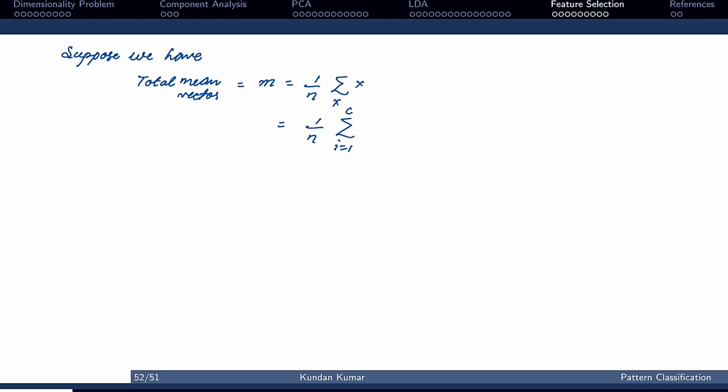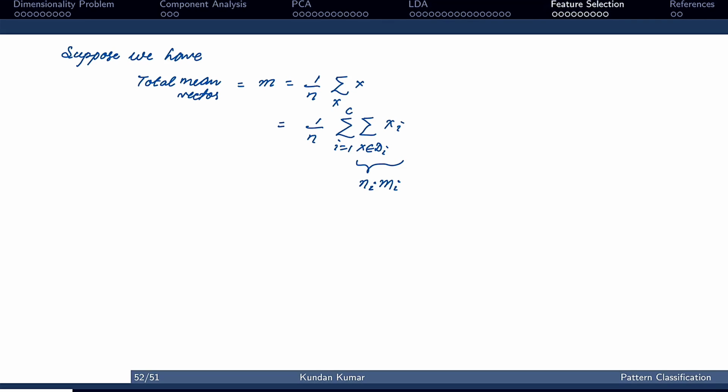So this summation can be split into two summations, where the first summation index shows the class index, and the second summation runs over the samples in the individual class. And this term is nothing but the summation of all the samples in the ith class, which can be written as the number of samples in the ith class times the mean of the ith class.